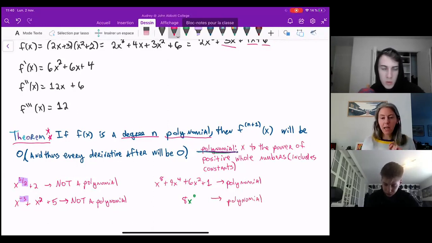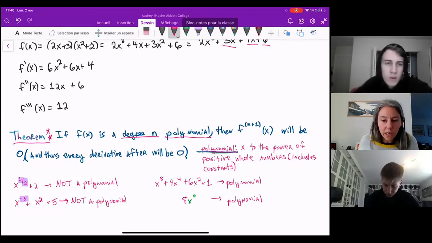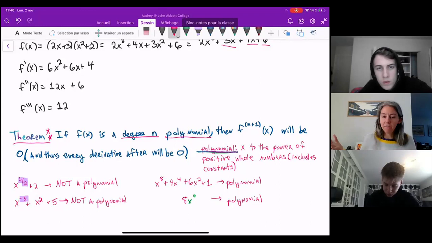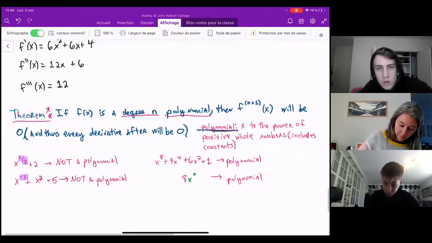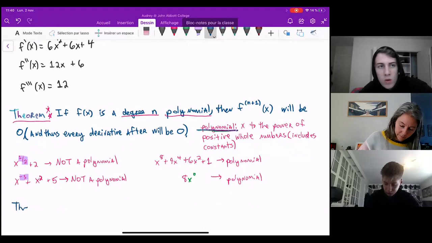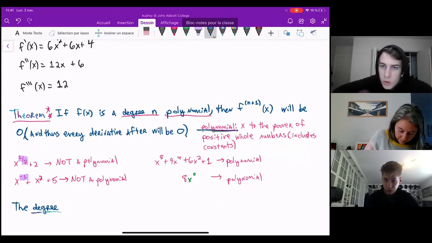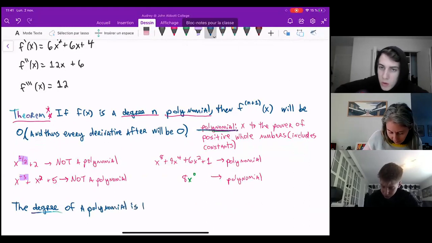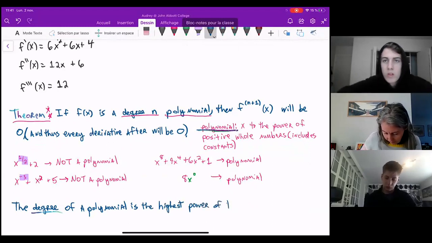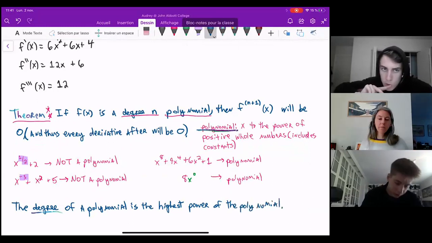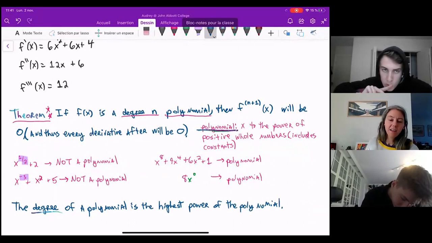Now the degree is the second thing that we have to talk about. The degree of a polynomial is the highest power of that polynomial. So what is the degree of x to the 8 plus 9x to the 4th plus 6x squared plus 1?